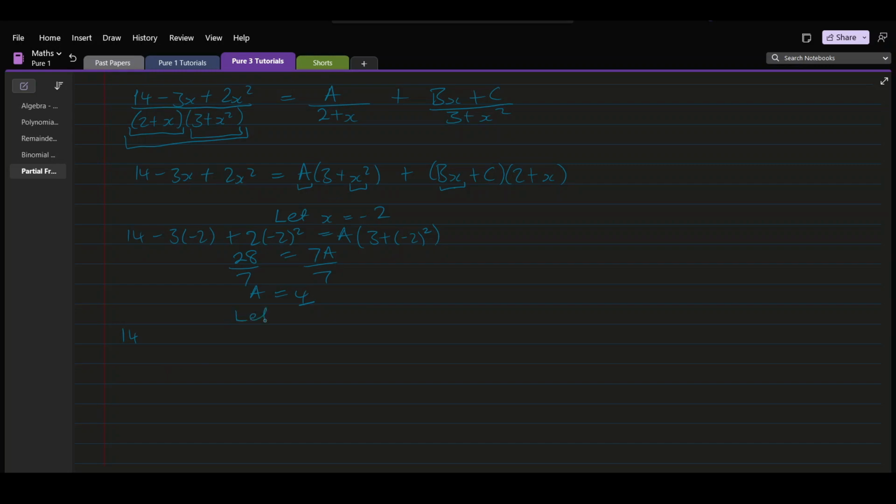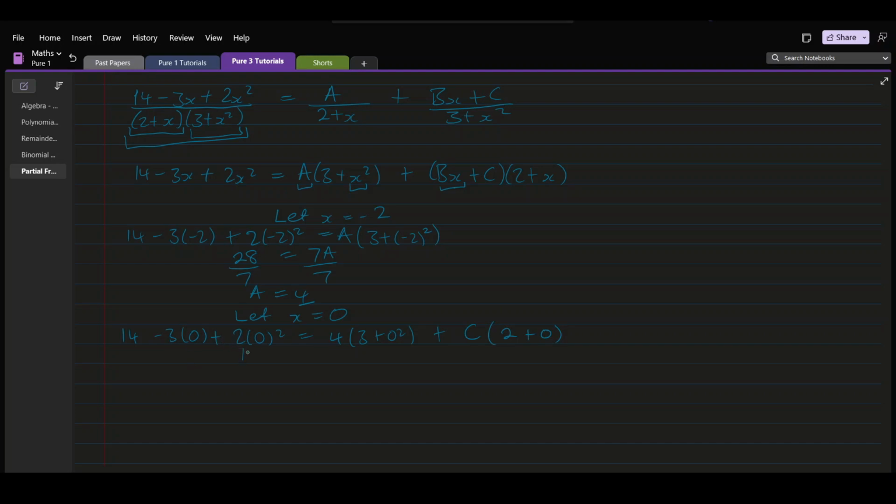This is let x equal 0. 14 minus 3 times 0 plus 2 times 0 squared is equal to a, which is 4, times 3 plus 0 squared plus bx, which would be b times 0. So that then becomes c times 2 plus 0.